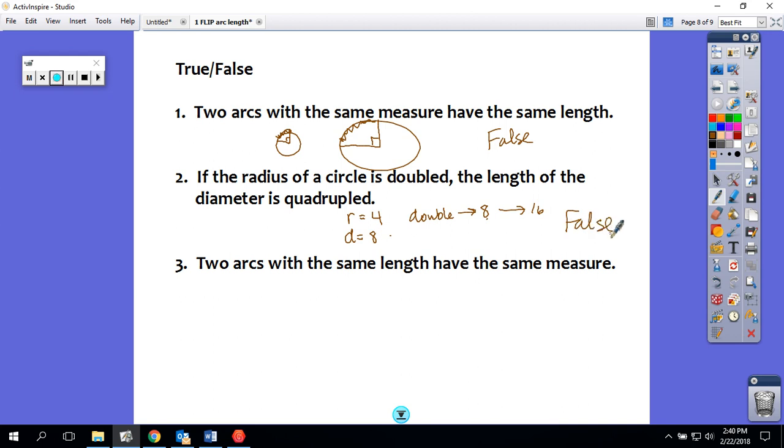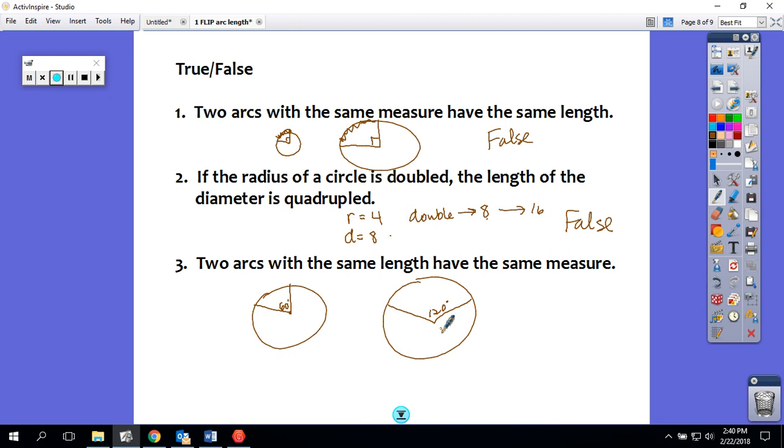Alright, and number 3, two arcs with the same length have the same measure. Well, let's think about whether that would be true or not. If we knew that the radius was the same, that would certainly be true. But is it always going to be true? So let's think about a couple of circles. Let's say that this is 60 degrees, and let's say that this is 120 degrees.